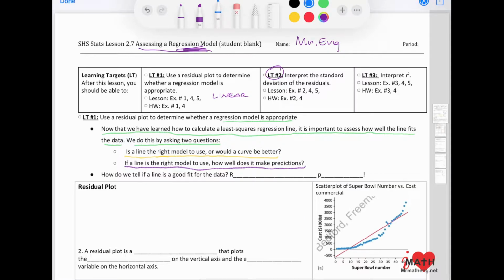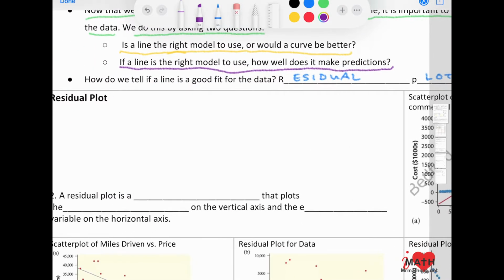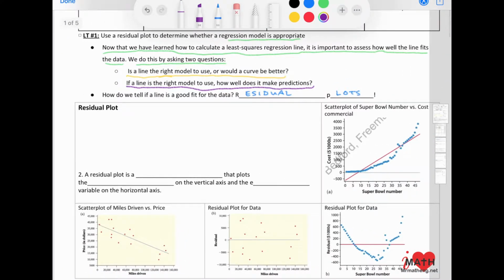So, how do you tell if a line is a good fit for the data? Well, we use something called a residual plot. Okay, so what is a residual plot?